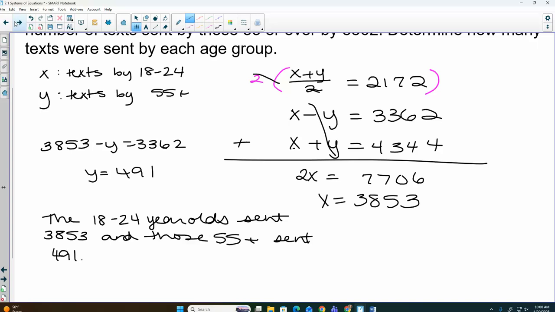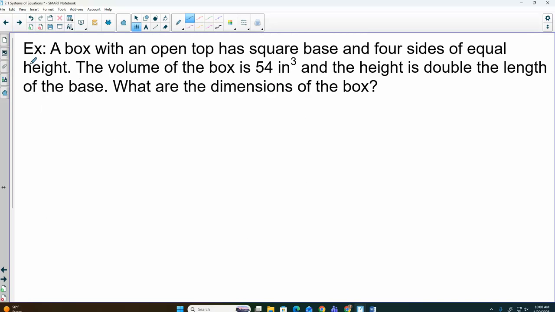Let's try another one. A box with an open top has a square base and 4 sides of equal height. So I have a box, it doesn't have a lid on it.